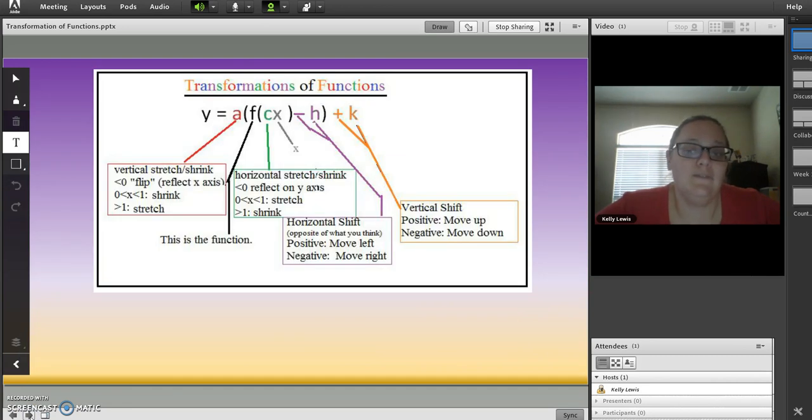Okay, and they all move the exact same way. If there is a number in front, if it's negative, it reflects on the x-axis. If it's a fraction between 0 and 1, it gets wider, so it stretches.